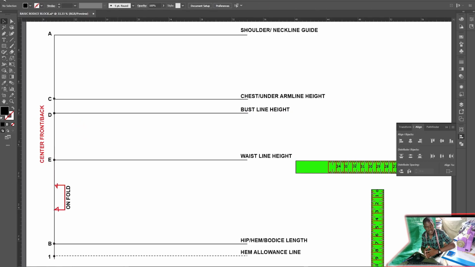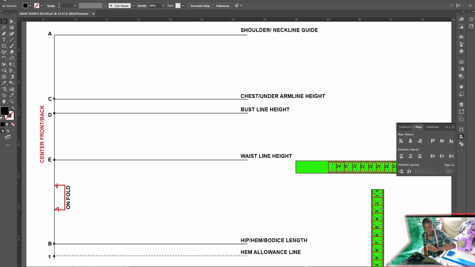Now, we will mark the key points. First, step 1 is to create the neckline. Ladies and gentlemen, a basic neckline is usually about 3 to 4 inches down from the center front. But as for this tutorial, I'm going to share with you simple calculations for determining the neck width and the neck depth.